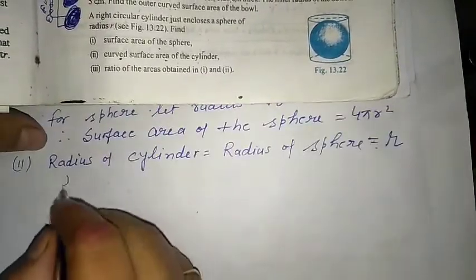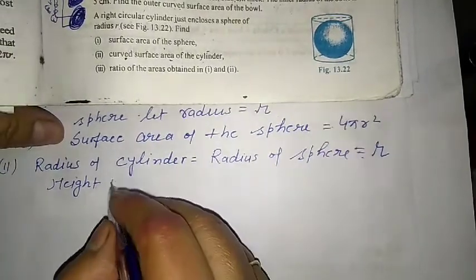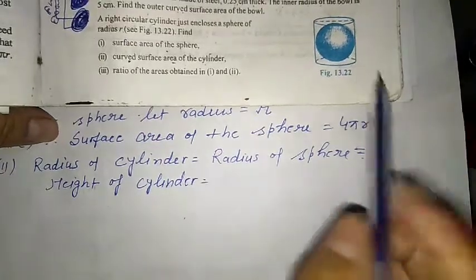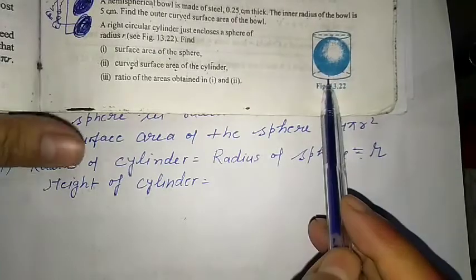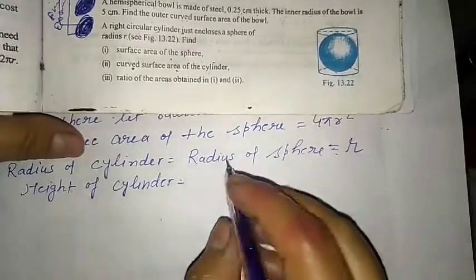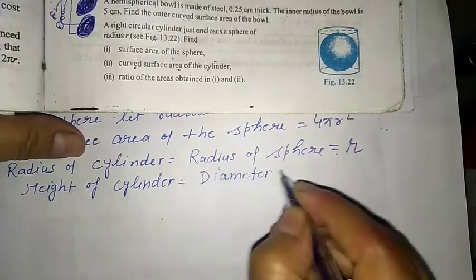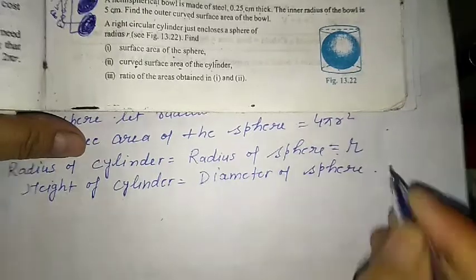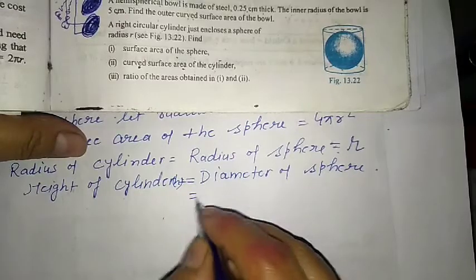Now height. For cylinder we are required height also. Height of cylinder, so this complete will be the height from this top to bottom. So this will be the diameter of the sphere. So this will be equal to the diameter of sphere. This will be h, so that is equal to 2r.